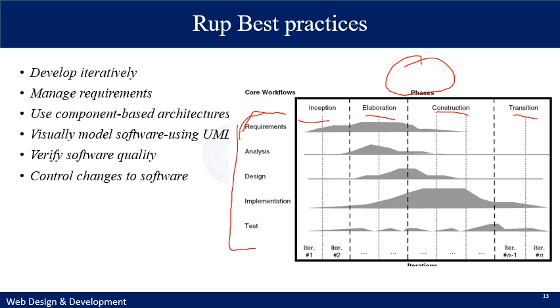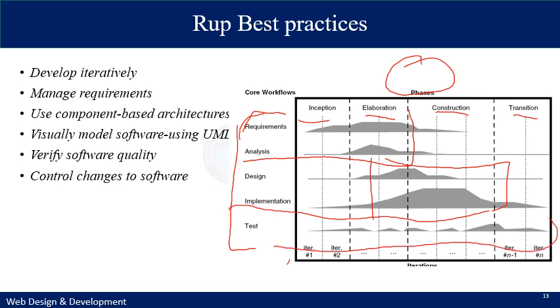Requirement and analysis are mostly related to the initial part of your process, and design and implementation deal with the later part of your unified process model. However, testing should be applied to each part so that your application meets certain quality provided by some standard.